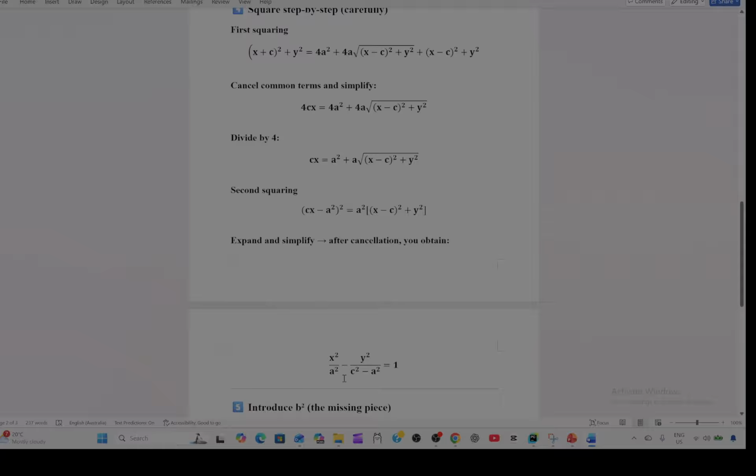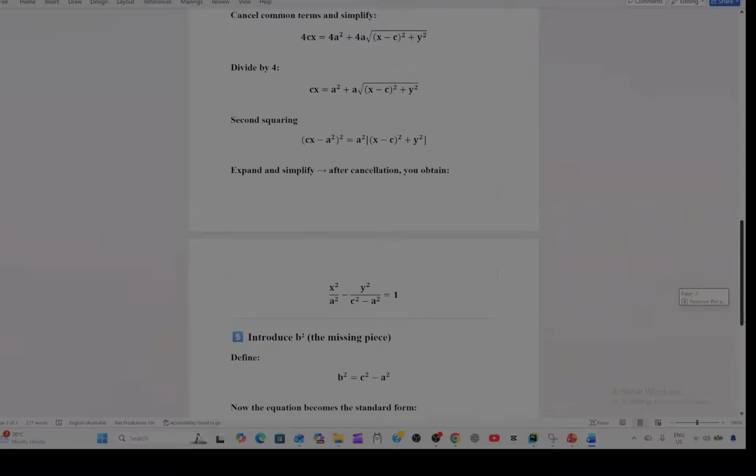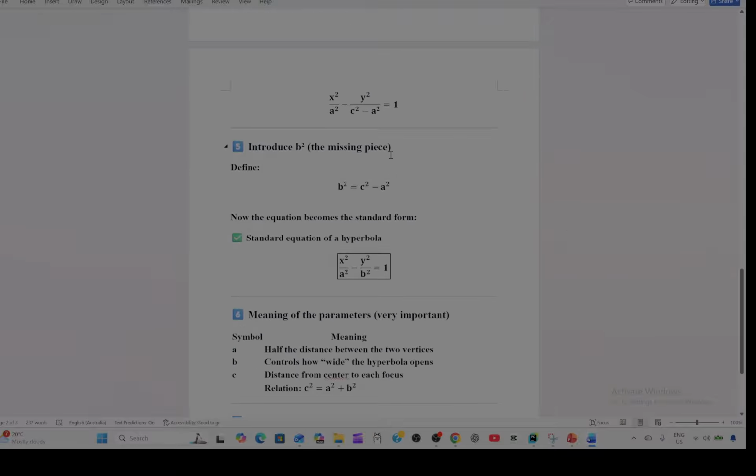After cancellation, we obtain x squared over a squared minus y squared over (c squared minus a squared) equals 1. So we introduce b squared, the missing piece, defined as c squared minus a squared. That means c squared equals a squared plus b squared. So now the equation becomes the standard form.